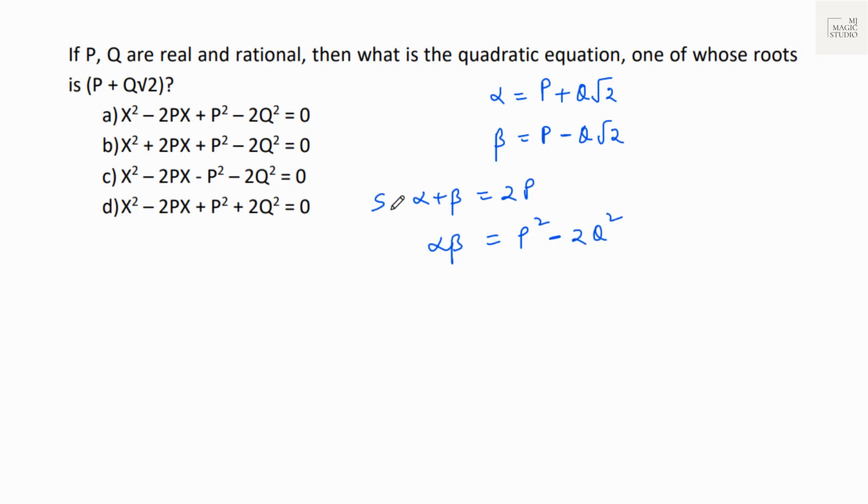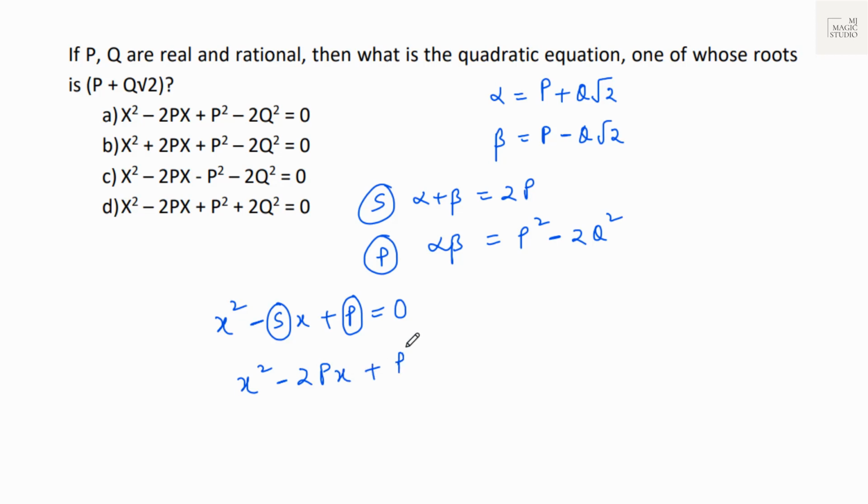And if we have sum and product, then the required quadratic equation is x square minus sum into x plus product equals 0. So the required quadratic equation is x square minus 2Px plus P square minus 2Q square equals 0. That features in option A.